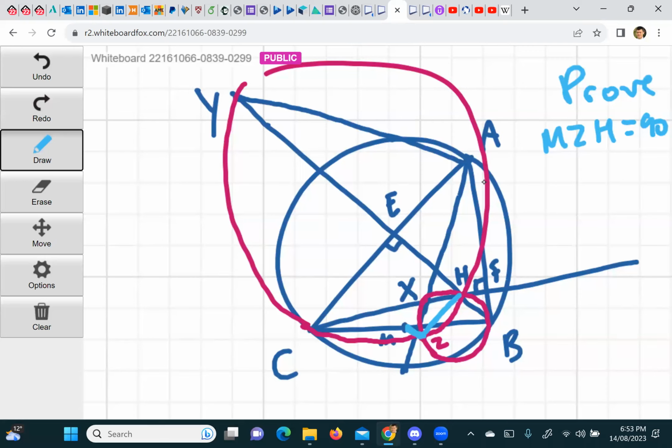So, how do you think we're going to make use of Z, by the way? Given all I've said, how do you think we're going to make use of Z?